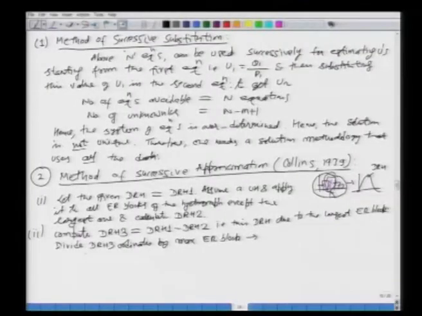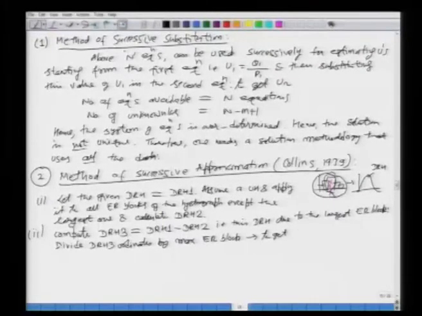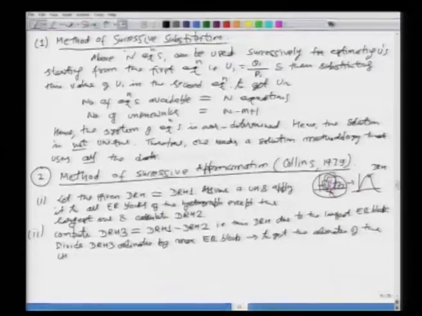So, you divide the DRH3 ordinates by the maximum ER block to get the ordinates of the UH of d hour duration, and that is resulting from the largest ER block.